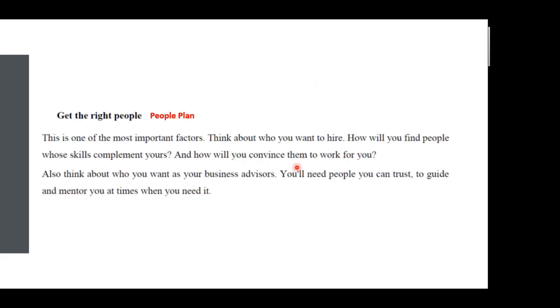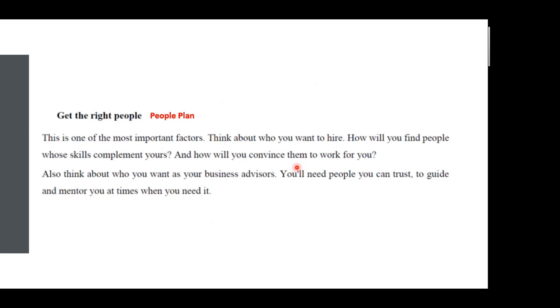And the next one is getting the right people. That is also about the human resource plan. You need some amount of people to work in your business.